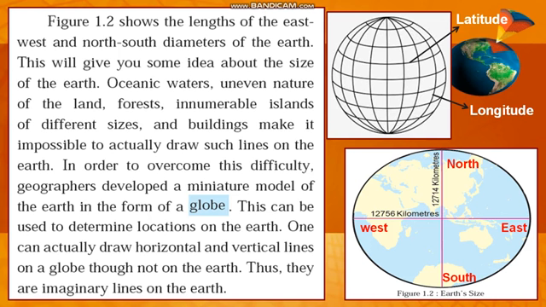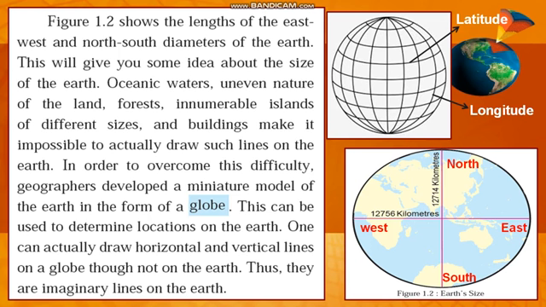Now students, let's go forward. Figure 1.2 shows the length of the east-west and north-south diameter of the earth. This will give you some idea about the size of the earth. Oceanic waters, uneven nature of the land, forests, innumerable islands of different sizes, and buildings make it impossible to actually draw such lines on the earth.